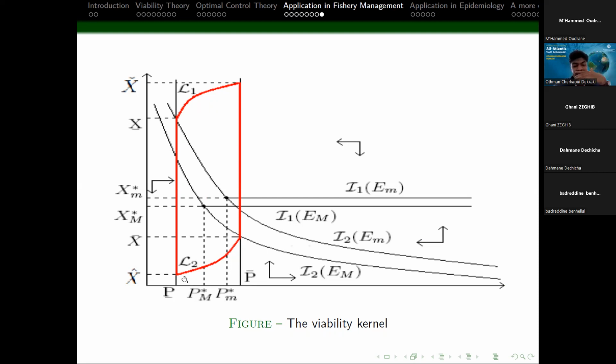Even though we are in this set of constraints, just think of when you have a lower value of stock but a higher price, it's also not viable, meaning that you will cause a lot of damage in society. So what's inside here is all the initial states from where we can always stay in this activity.